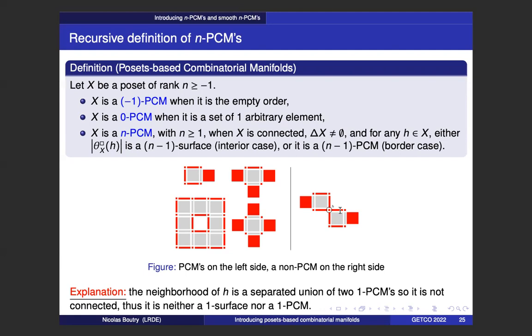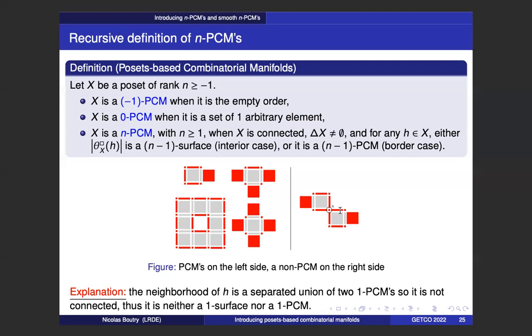For example, over there, I have drawn several possible examples of PCMs, because it was easier. We will see that this one is a smooth PCM just after, and we'll see why. And we have a configuration that cannot happen on PCMs, because if you take the point H at the center, you draw the neighborhood of H, you have this point, plus this point, they are the union of two n-PCMs, which is not connected.